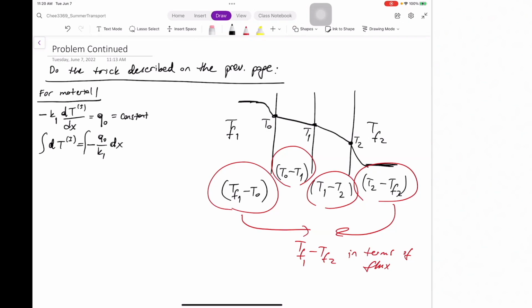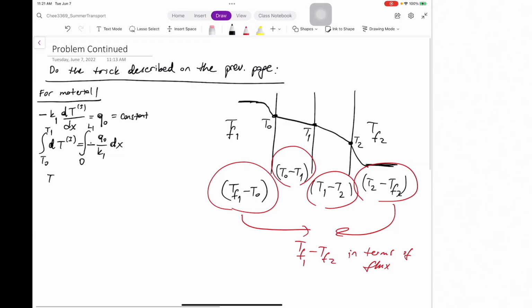And if you take the integral from T0 to T1, where x varies from 0 to L1, you can write it the other way around if you like.